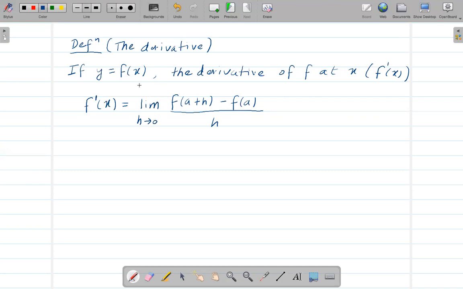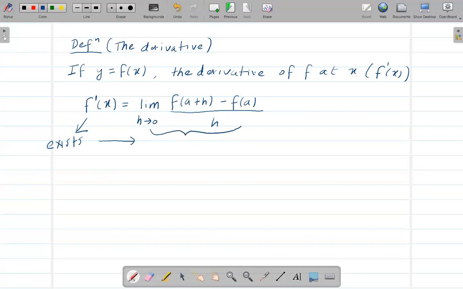So the derivative of a certain function, we can take using this limit. Since we are saying this is equal to this, the derivative exists only if this limit exists, right?